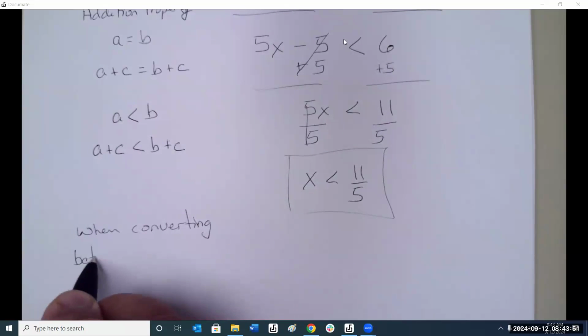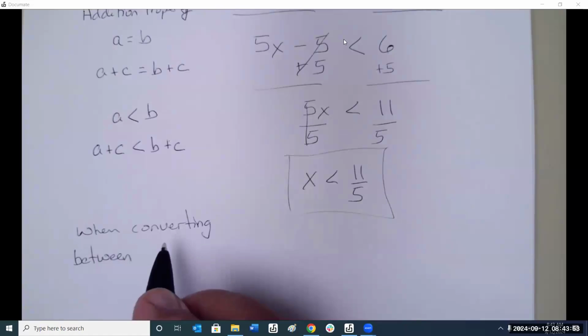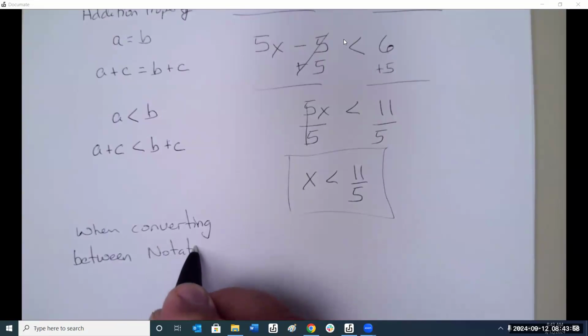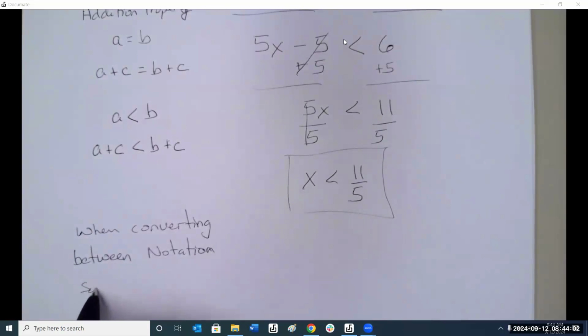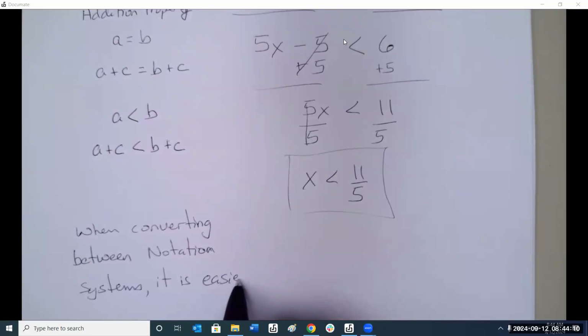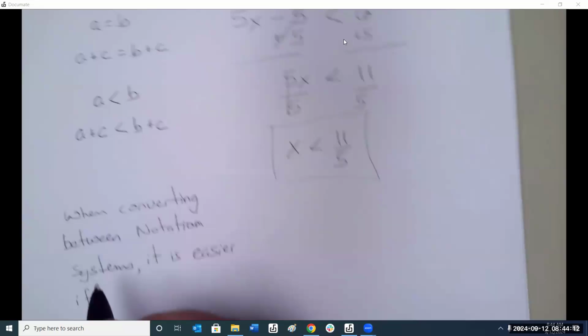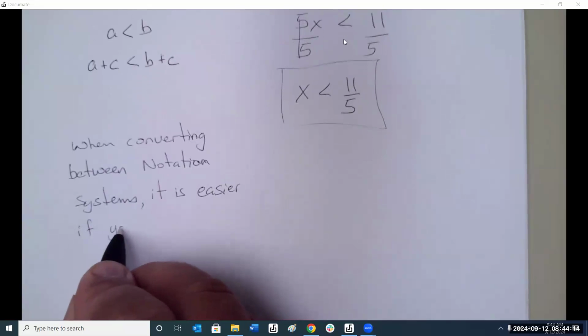When converting between notation systems, it is easier if you graph it first.